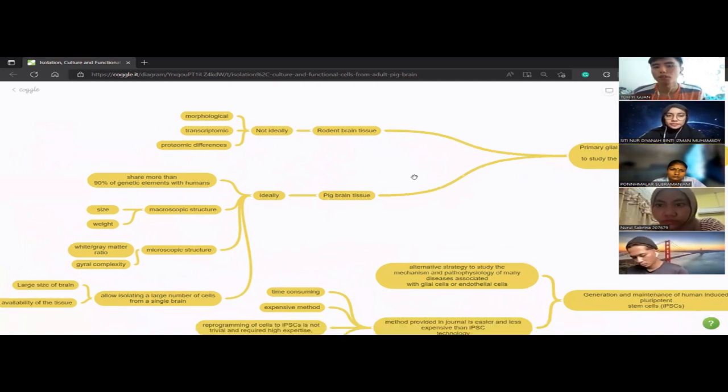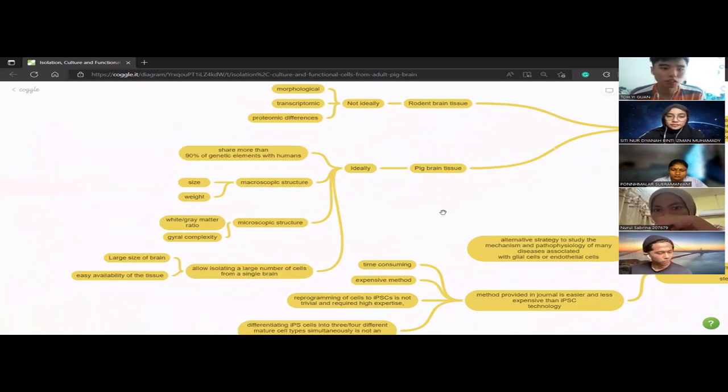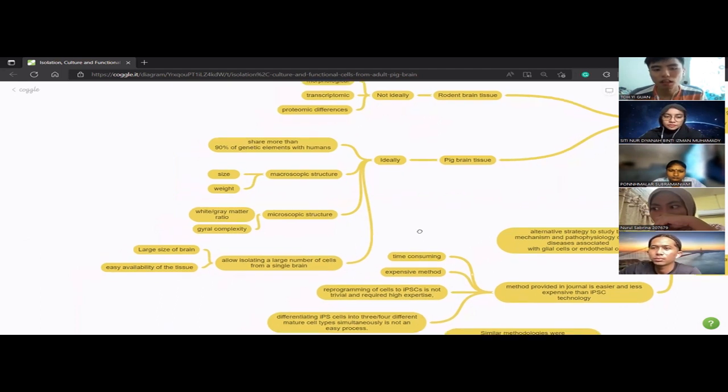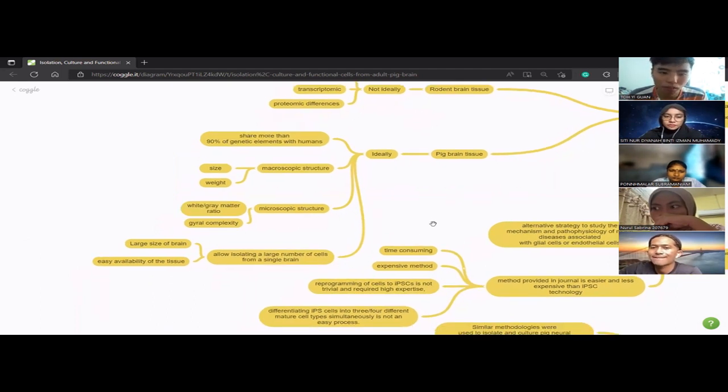Well, the pig brain tissue is ideal because, first of all, it shares more than 90% of genetic elements with human. And then in terms of macroscopic structure like size and weight, it also shares the similarity. For the microscopic structure, the gray to white matter ratio and the glial complexity are similar to the human.